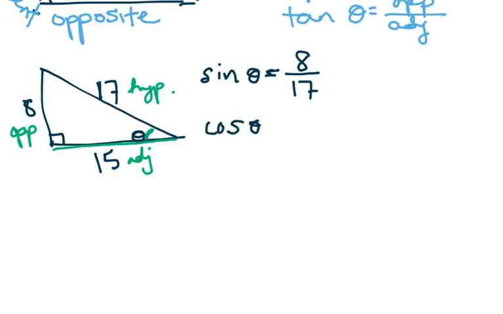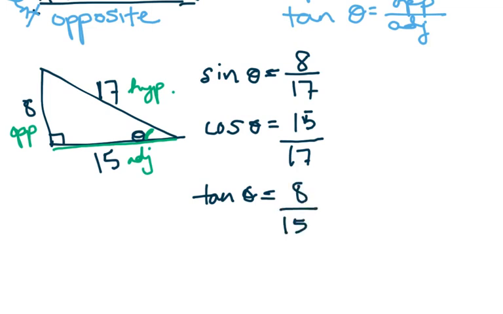Cosine of theta is equal to the adjacent over the hypotenuse. And our third one being tangent of theta is equal to the opposite over the adjacent. That's it. That's how you do those 3.